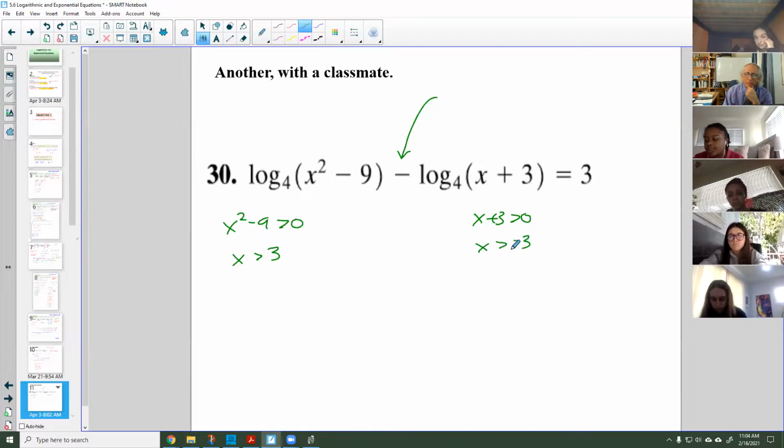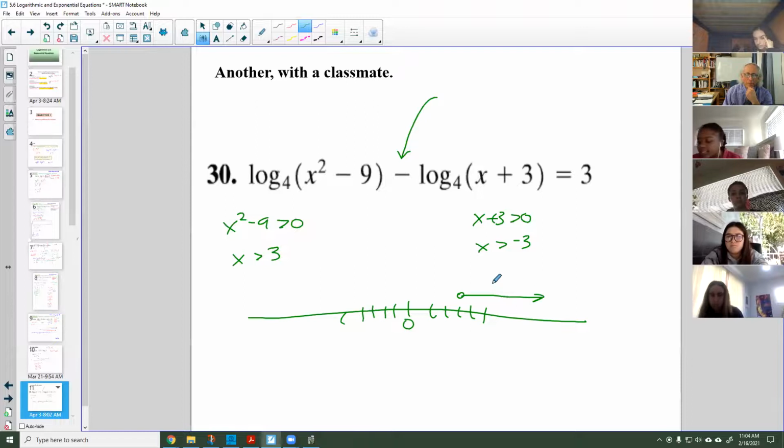And then I drew the number line and put the open circle above 3 and it went towards the right. And then I did the same thing for -3, the open circle, and then it's facing towards the right as well. And then I used the quotient property.